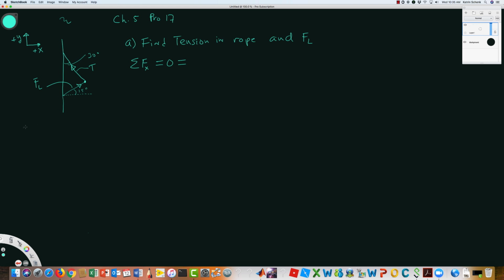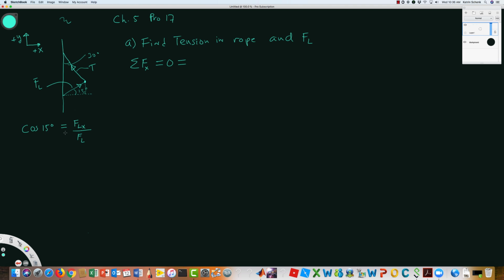So the cosine of 15 degrees here is going to be the adjacent, FL sub x that we want, over the hypotenuse FL.